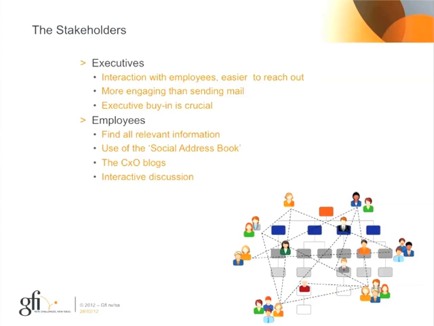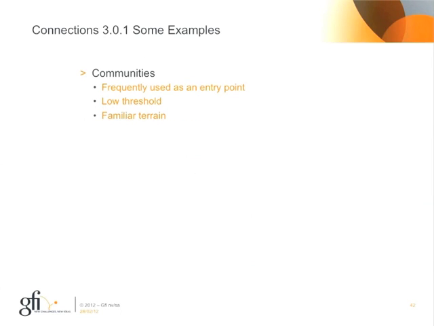But the social address book allows you to see what people have been up to, what they have been doing, what their expertise is, and that helps in finding the more suitable person when you're looking for help with a certain problem. Of course, employees will consult a number of blogs that are being presented by the executives, and hopefully they will engage in a more interactive discussion with that.